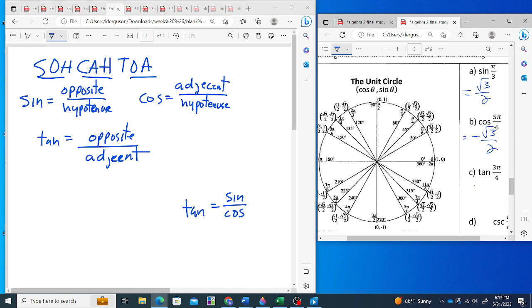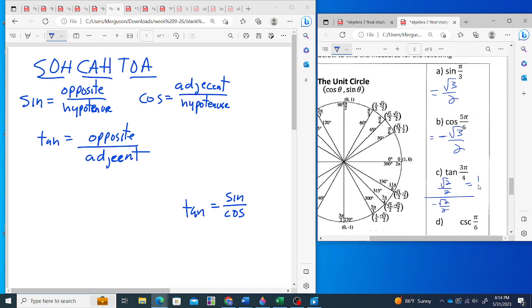My sine is the square root of 2 over 2, and then my cosine is negative square root of 2 over 2. So like I said before, this is like saying 5 divided by negative 5. Well, that's just going to be negative 1. These things are identical, so they cancel each other out, but the negative is still left over. So that's going to be negative 1.